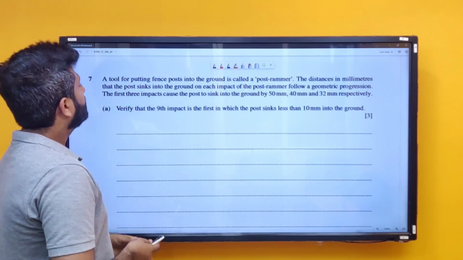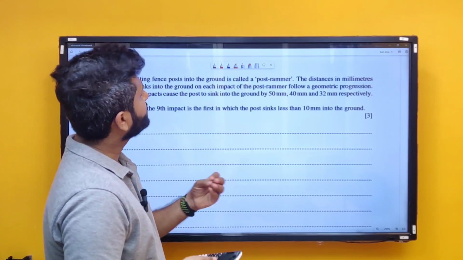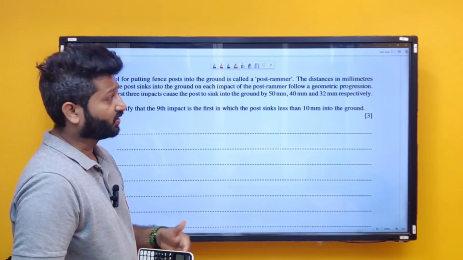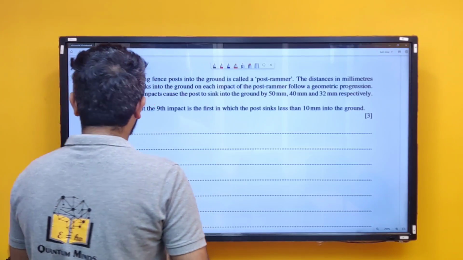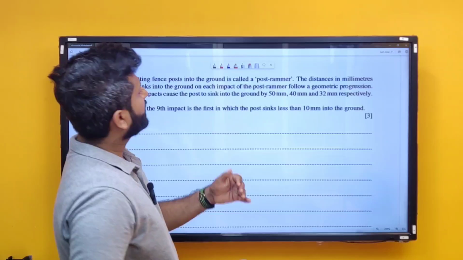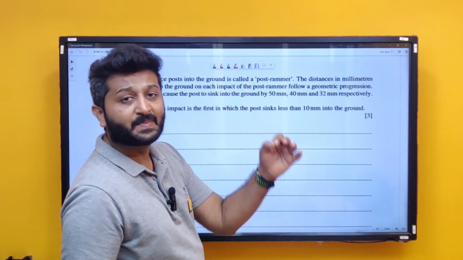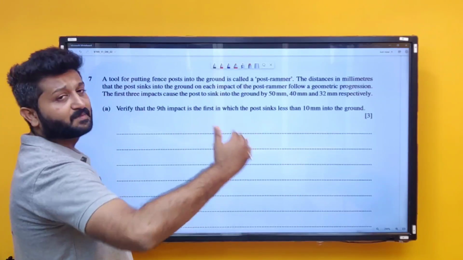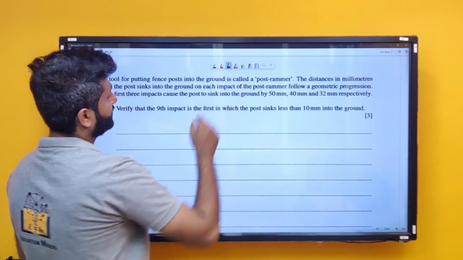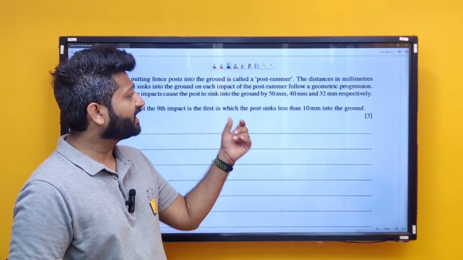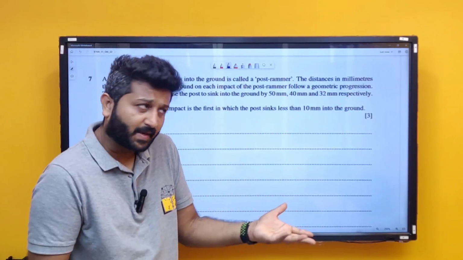Okay, a tool for putting fence post into the ground is called a post rammer. The distance in mm that the post sinks into the ground on each impact follows a GP. The first three impacts by the post to sink into the ground are 50, 40 and 32 mm respectively.